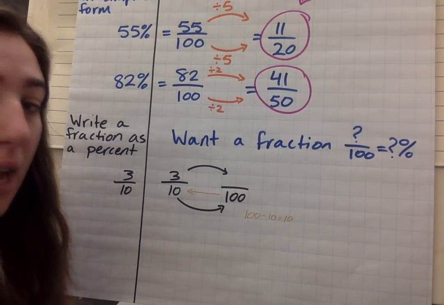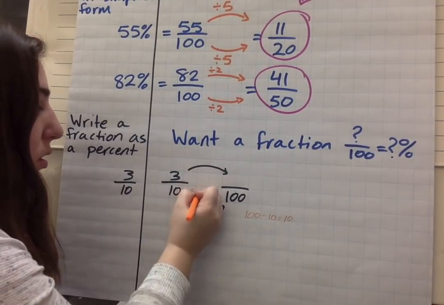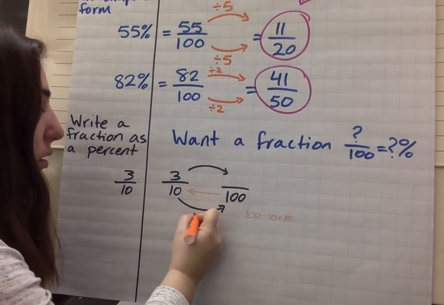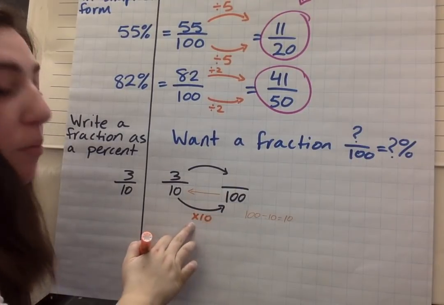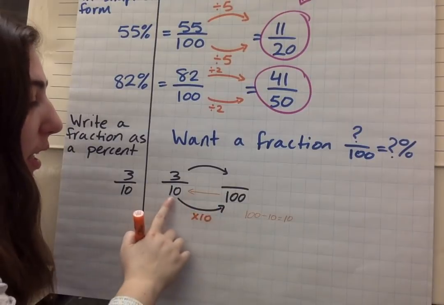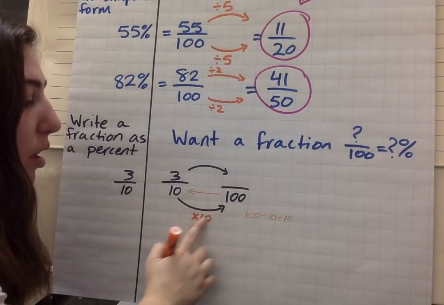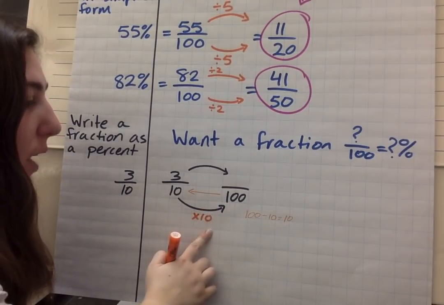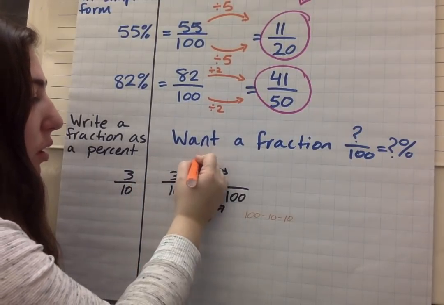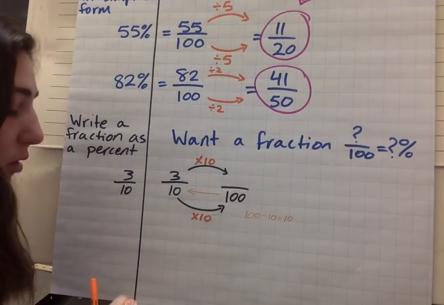So now I know that I need to multiply by 10. And again, I know to multiply because we're going from a small number to a large number. Anytime you go from a small number to a large number, you have to multiply. So times 10, and whatever I do to the bottom, I need to do to the top. So times 10 over here too.